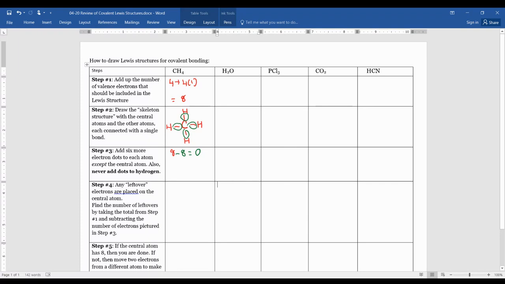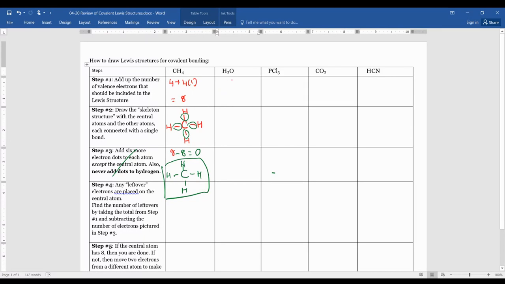Since hydrogen can take only 2 electrons, you don't have to add the 6 electrons around the central atom. And since your central atom has 8 electrons, you're done. So this would be your final structure. That's your final structure.